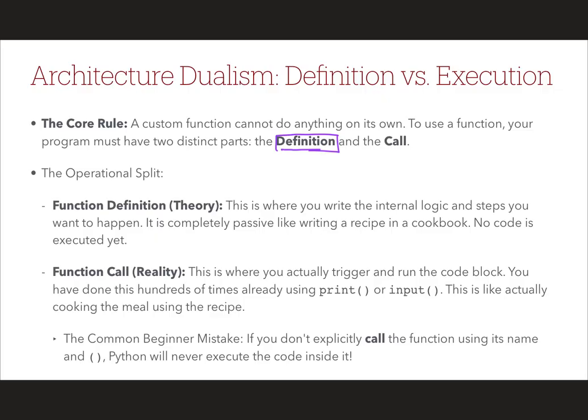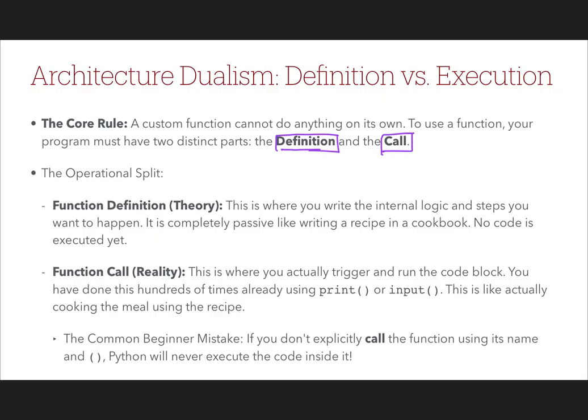If you need to execute the task that this function is supposed to do, you need to call its name. So in Python, the definition and the call are two different tasks.